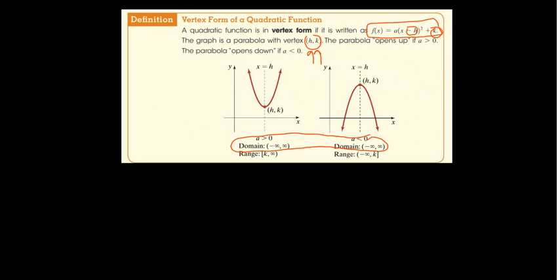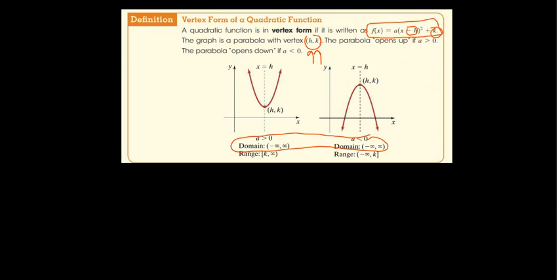For both, it doesn't matter, because that's how the domain behaves on a quadratic function. The range is going to be a little bit different. Earlier, right before I got over to a slide, I said we look at the graph, but we don't even have to actually look at the graph to see the range. We just have to remember the vertex.